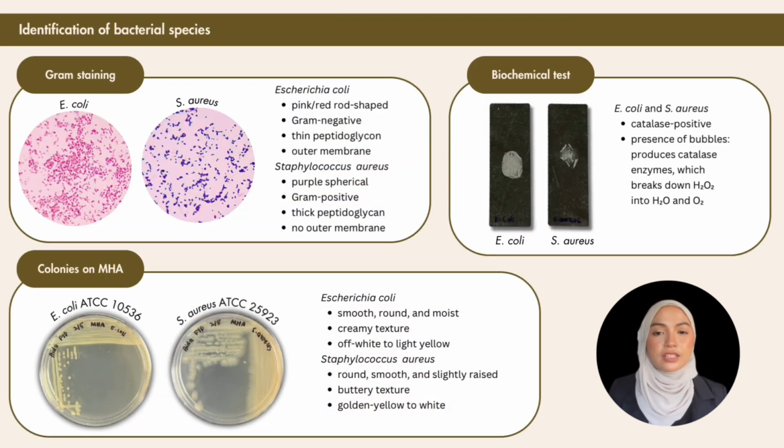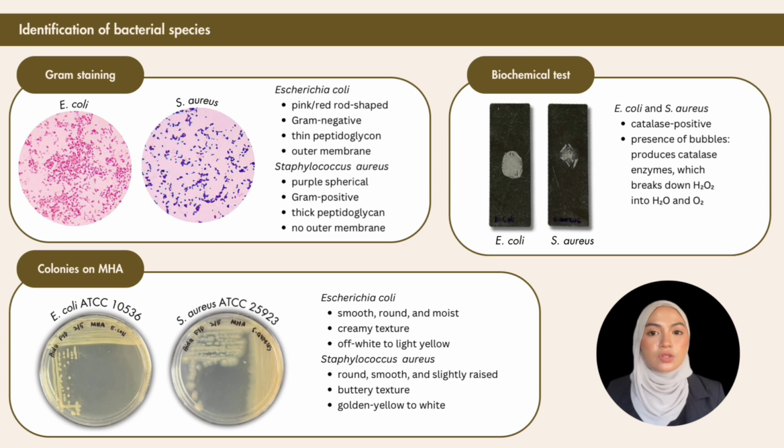Next, to identify the bacterial species, I conducted 3 methods, which are gram staining, streak plate method, and biochemical tests such as catalase tests. The gram staining experiments identified that E. coli have pink colored colonies, which indicates that E. coli is gram negative, while S. aureus have purple colored colonies, which indicates gram positive bacteria.